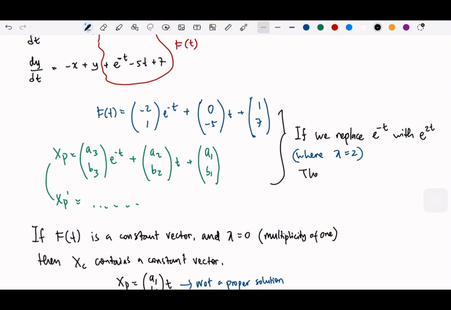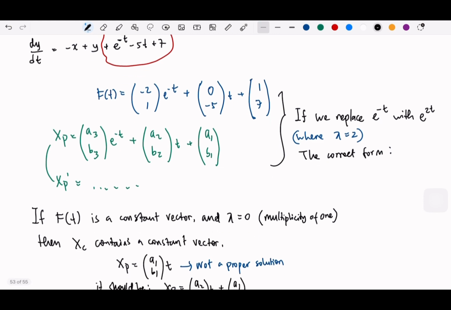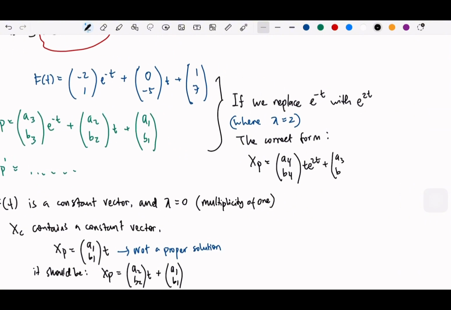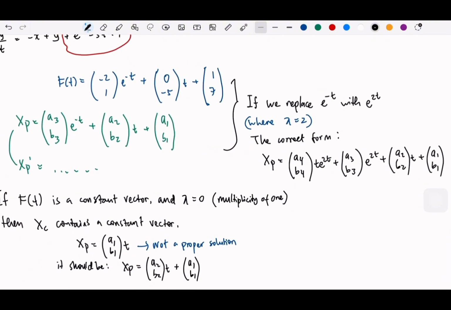The correct form, so we are going to have t e to the 2t plus a2 b2 t and then a1 b1. Okay, this is if this happened.